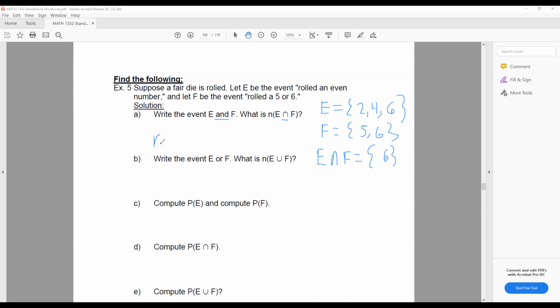So the number of elements inside the intersection, how many elements are in there? It's a single element. It contains the number 6, so 1 element.